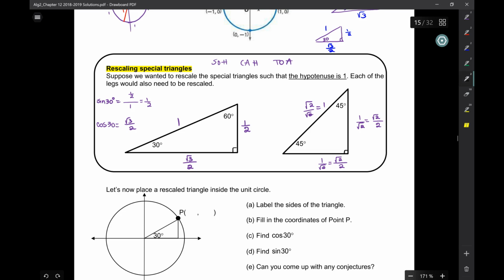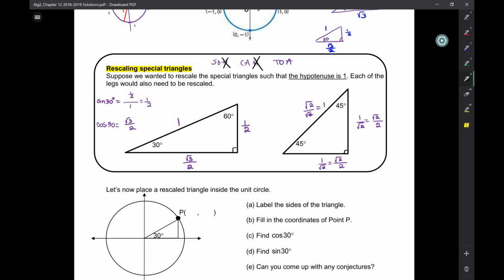Guess what I'm going to do? With this, when we scale it down, we can get rid of the hypotenuse. So, what's the sine just equal to? Just opposite. What's cosine just equal to? Just adjacent. All right? So you can get rid of the hypotenuse.